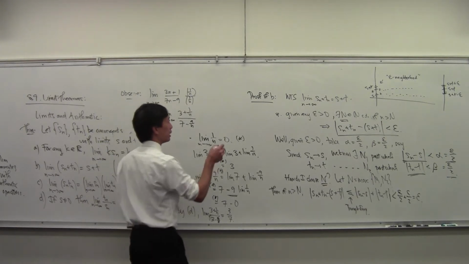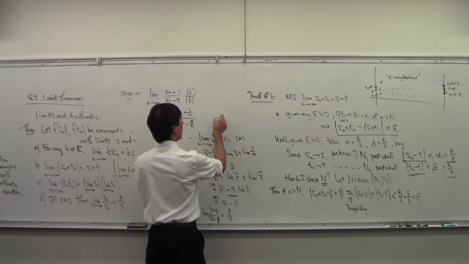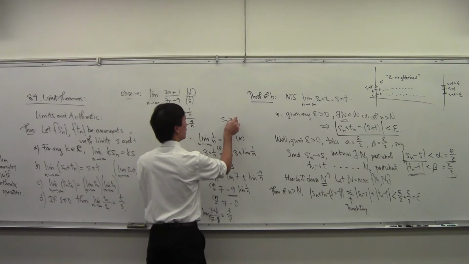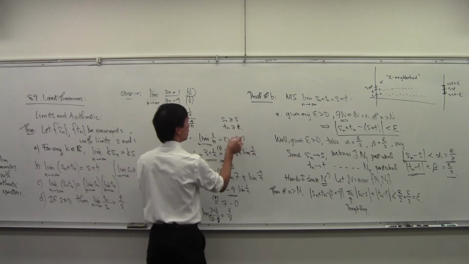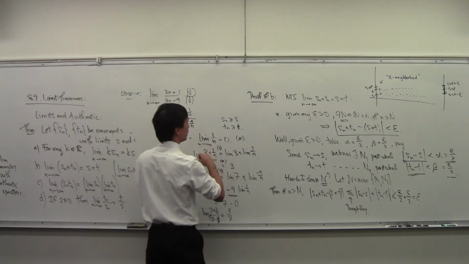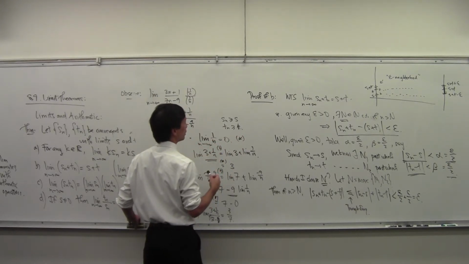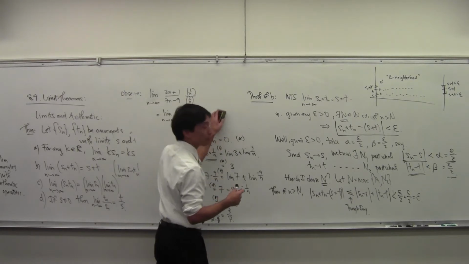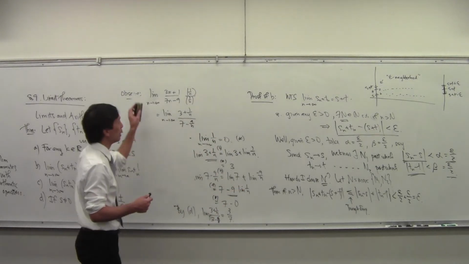What you're saying, I think, is that if Sn is bigger than or equal to S, and Tn is bigger than or equal to T. No, that's not what you're saying. But what you say is true.